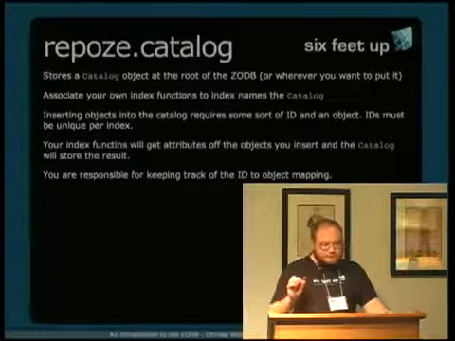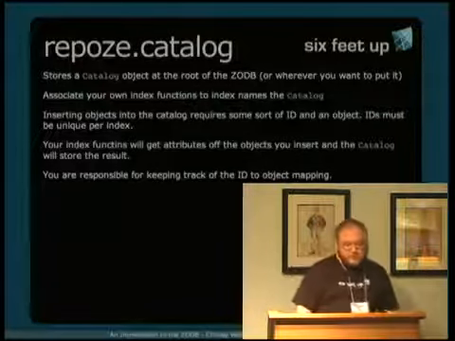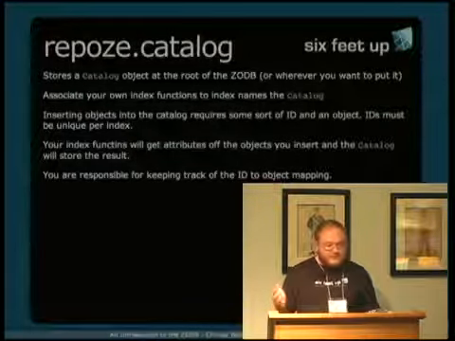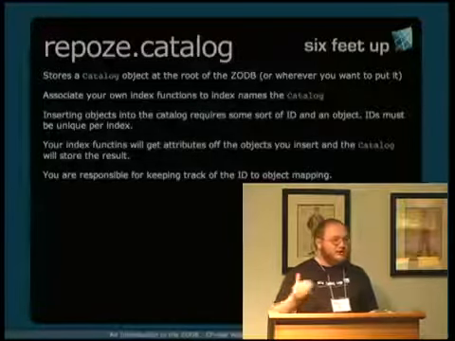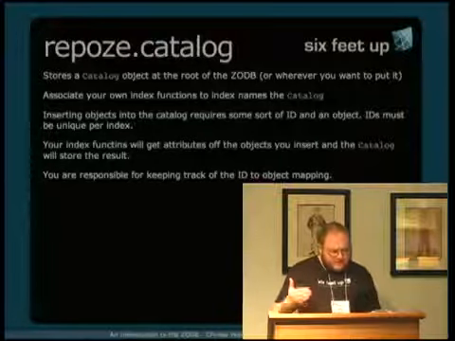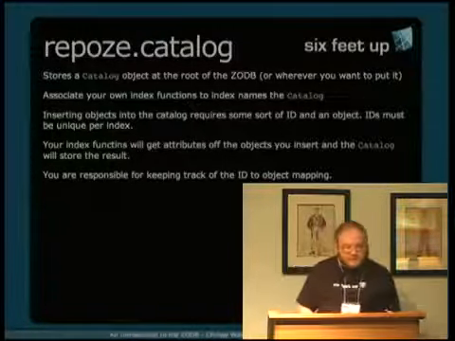So when you're putting the objects in the catalog, you'll need to provide an ID and the object that will need to be looked up. And the IDs have to be unique per catalog, or per index, I'm sorry. And your index functions, like I said, are actually going to be fairly simple.